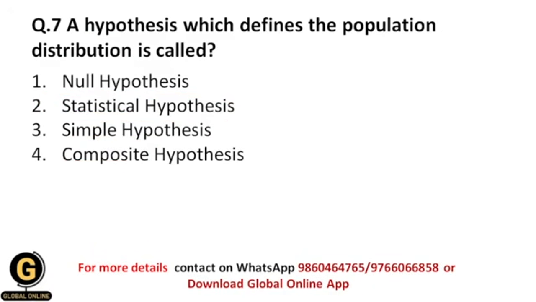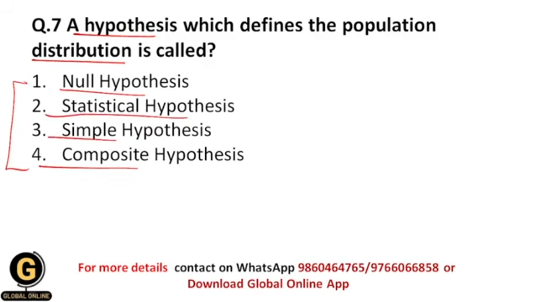Now next is a hypothesis which defines the population distribution is called. From these types of hypothesis, which is the hypothesis which defines the population distribution? Whether it is null hypothesis, statistical hypothesis, simple or composite hypothesis.